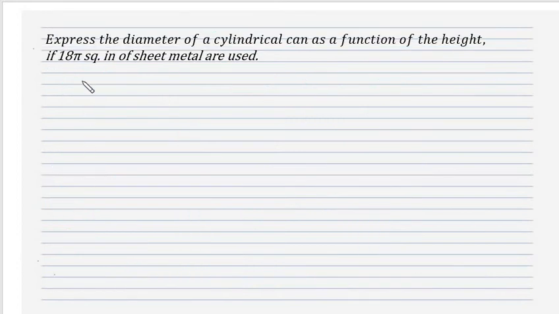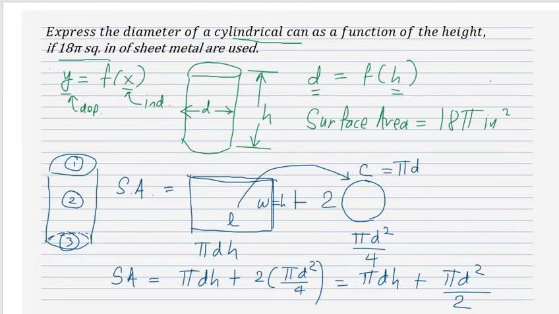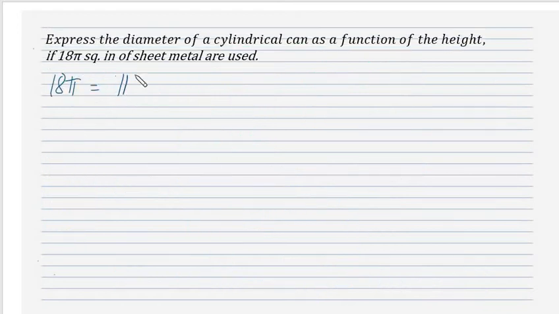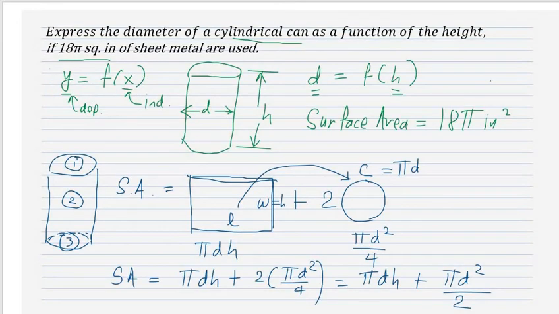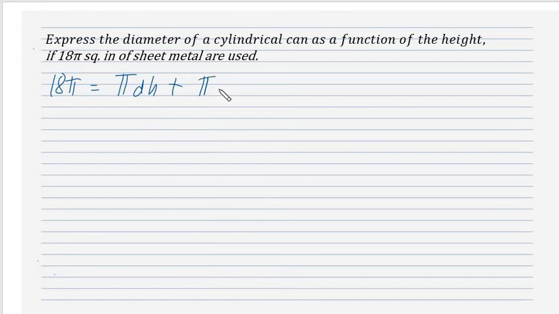Let's continue. Our surface area is equal to 18 pi square inches, and is equal to pi d h plus 1/2 pi d squared, or pi d squared over 2. So let's simplify our equation.